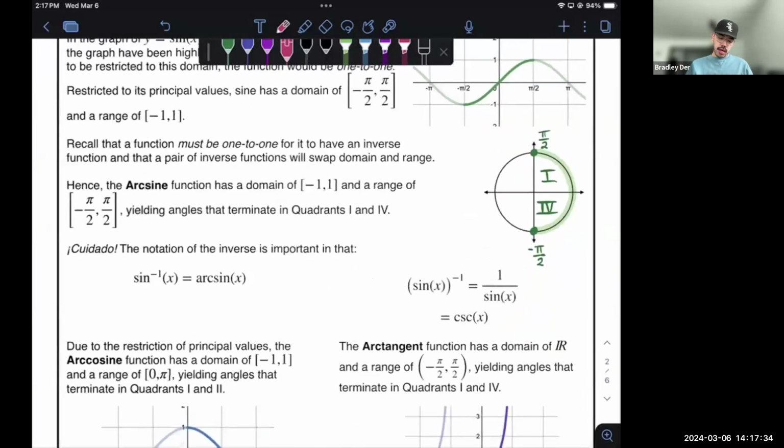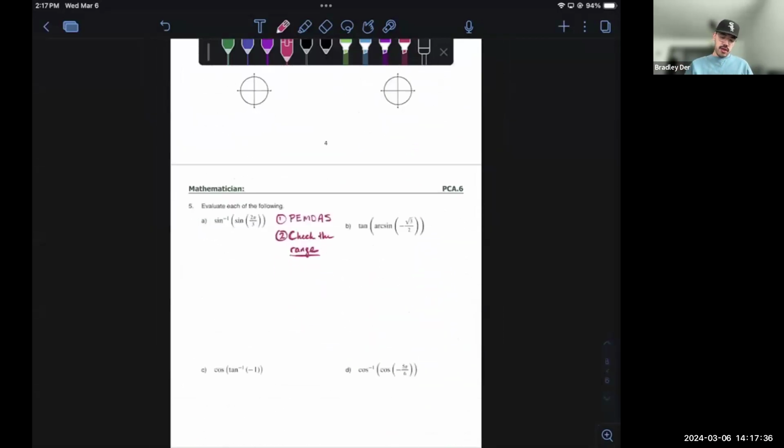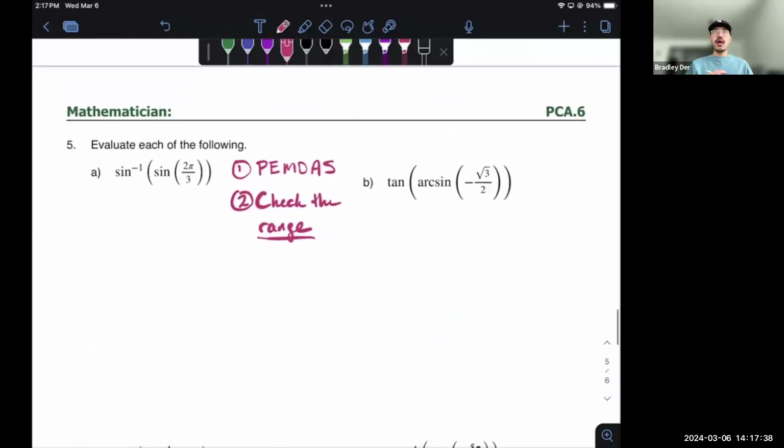But also, when I say check the range, what is the actual last function that you'd be evaluating, right? So for example, here you can see that we'd be evaluating inverse sine, which means that you would want to report an angle measure as your output. The range would be a collection of angle measures, versus when we look at this last function being tangent, your range is going to be a bunch of tangent values.